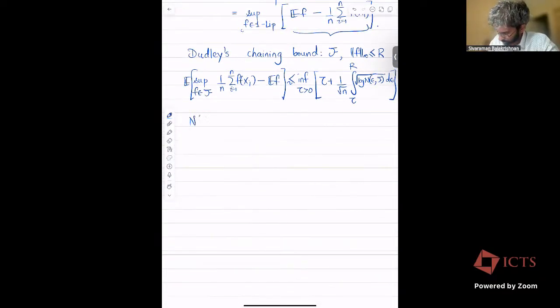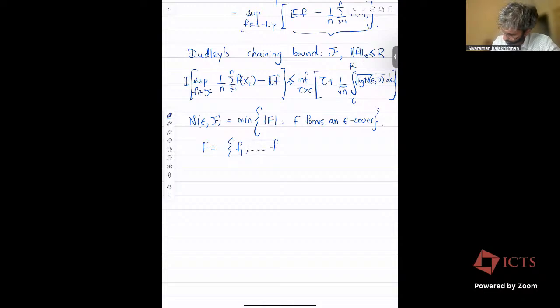So what is the covering number of your collection of functions? It's the minimum of the cardinality of a subset of functions such that f forms an epsilon cover. What does this mean? So f is some collection of functions, let's say f1 through fn.